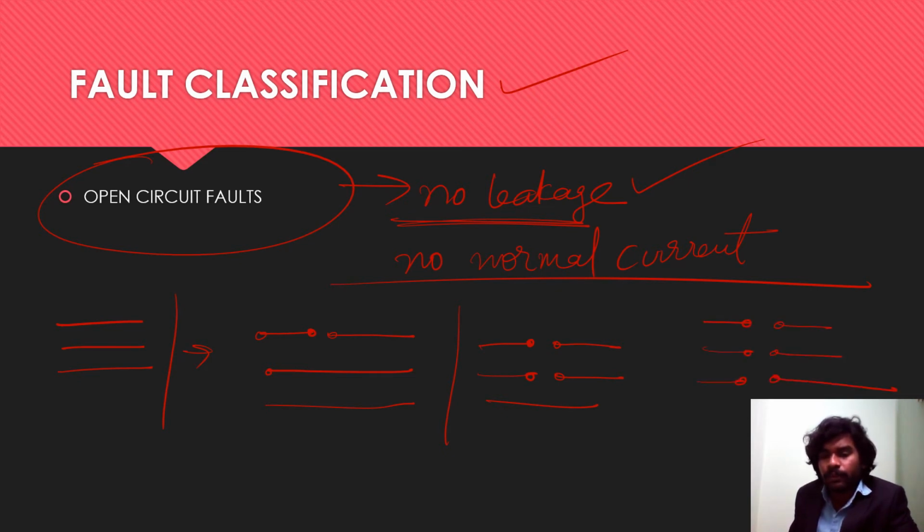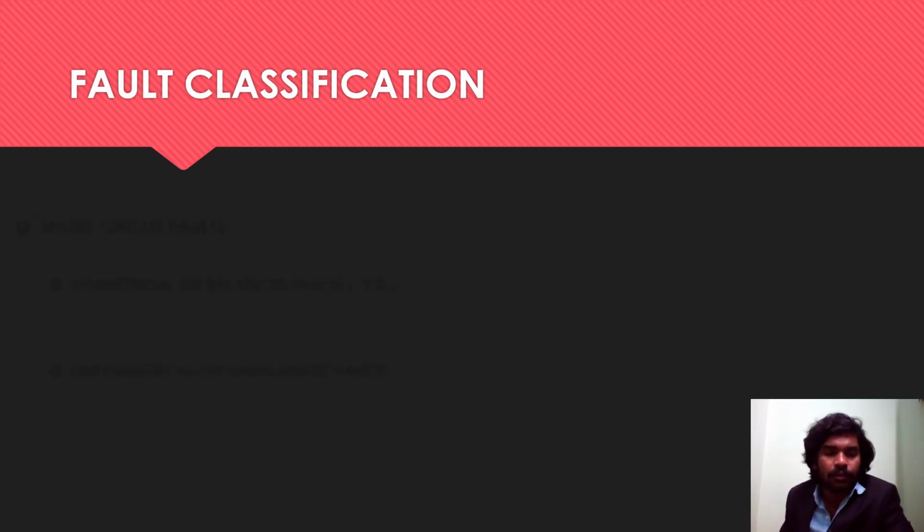The reason could be anything: melting of the conductor, or faulty operation of the switch connected to that circuit. All this is called an open circuit fault. This does not occur in the system very often, and it's not a fatal or very dangerous fault, and we are not much interested in this.